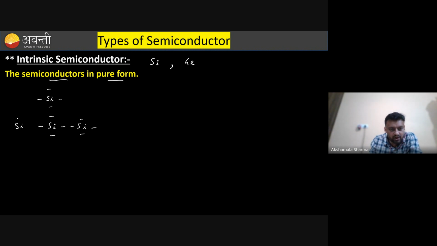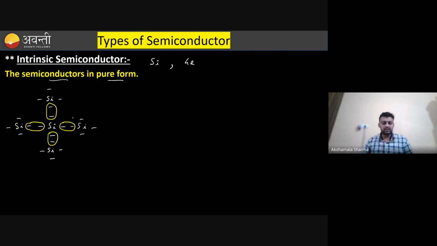Silicon, silicon, silicon all around. So these silicon atoms form covalent bonds. One electron from each is shared, and they form a bond. The chain continues to form. I am showing just one central atom. It is a long chain.